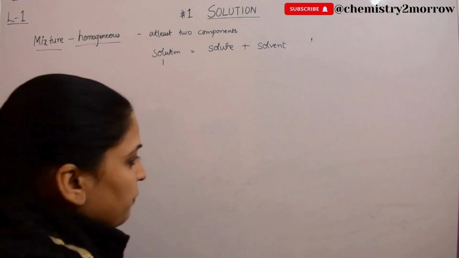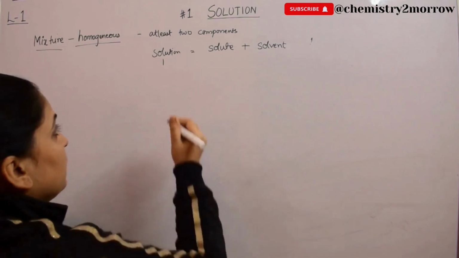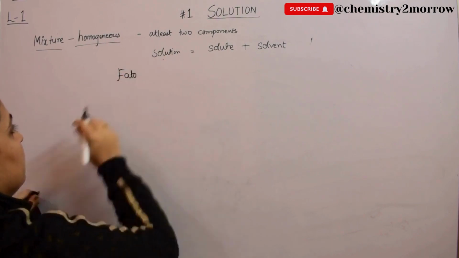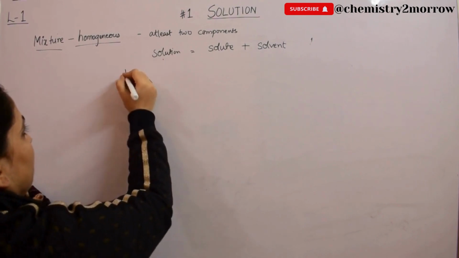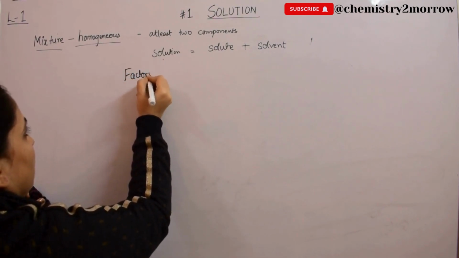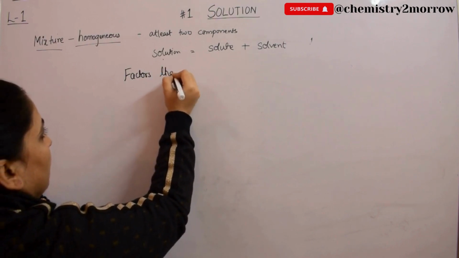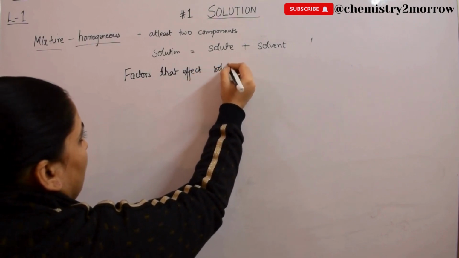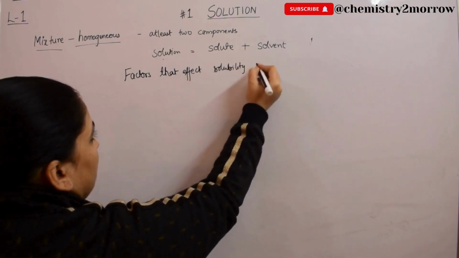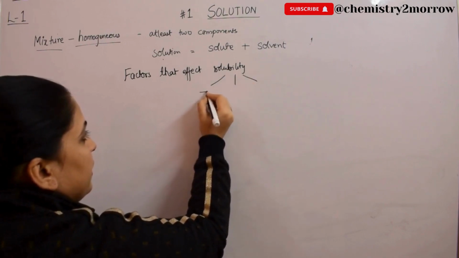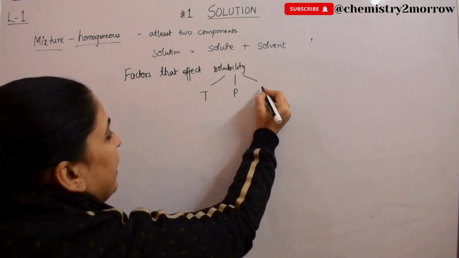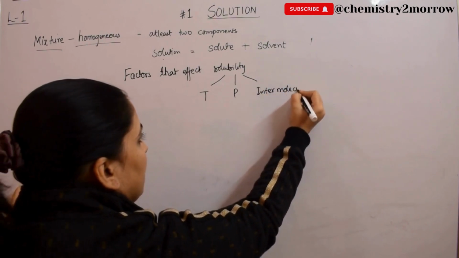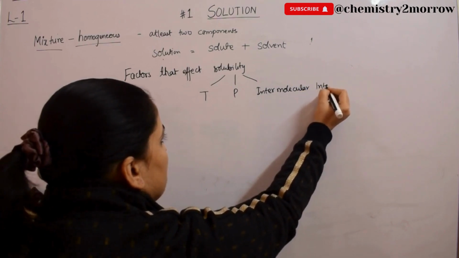So the basic factors: there are basically three factors: temperature, pressure and intermolecular interactions.